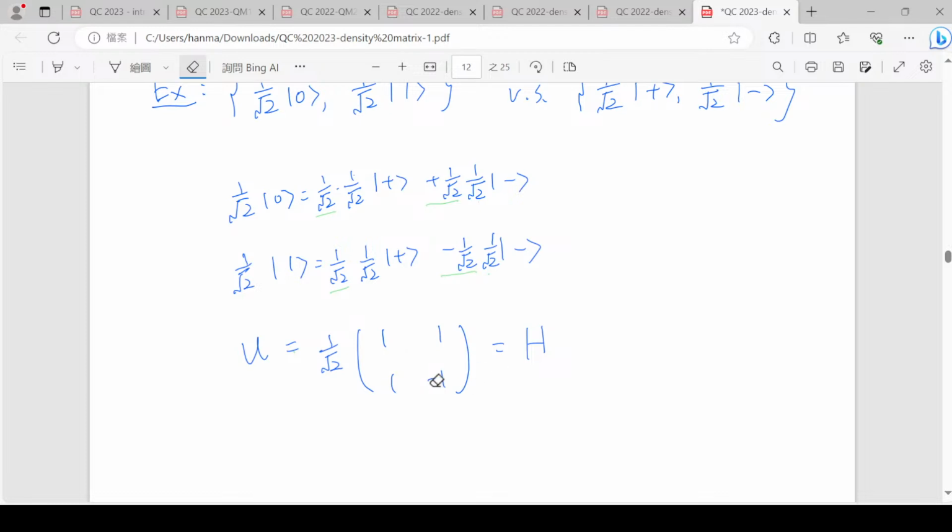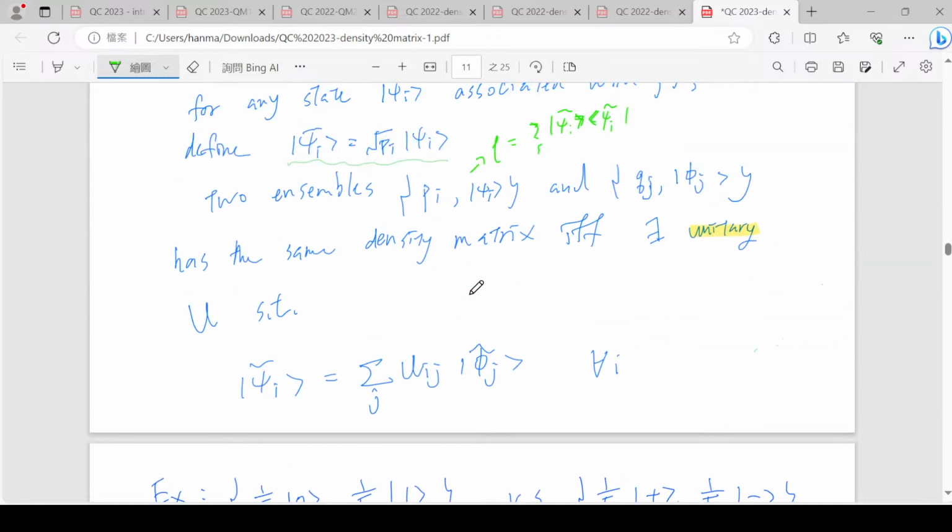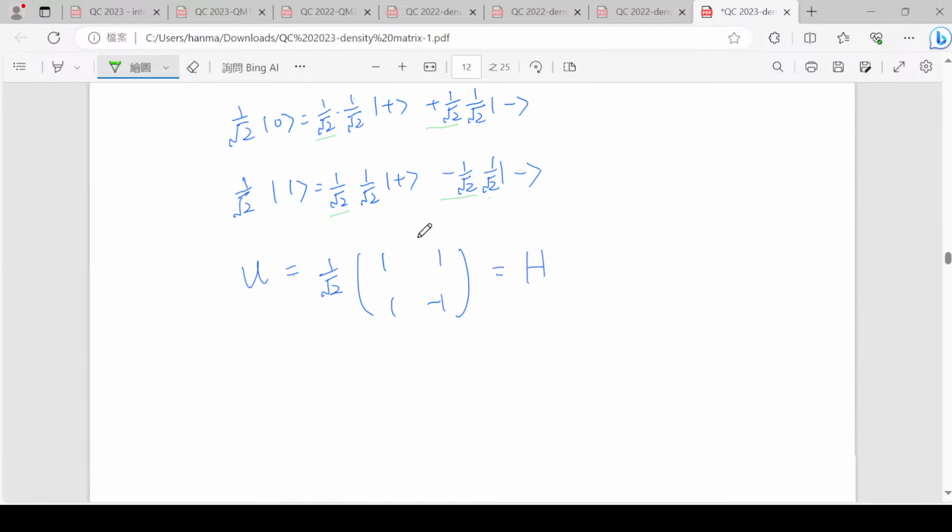It's a Hadamard matrix, and we know it's a unitary matrix. Any question on this example? This is not too intuitive, but this is what it is.